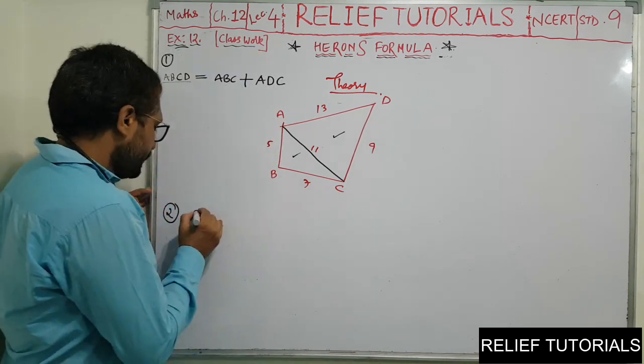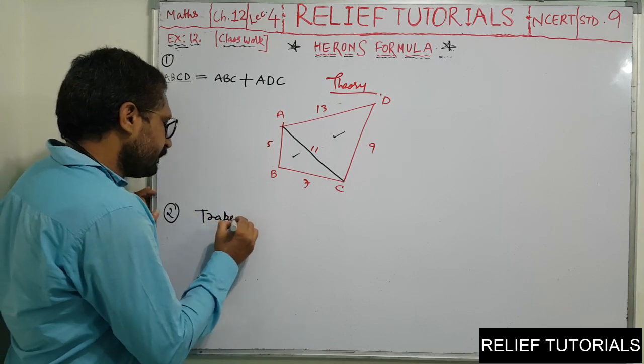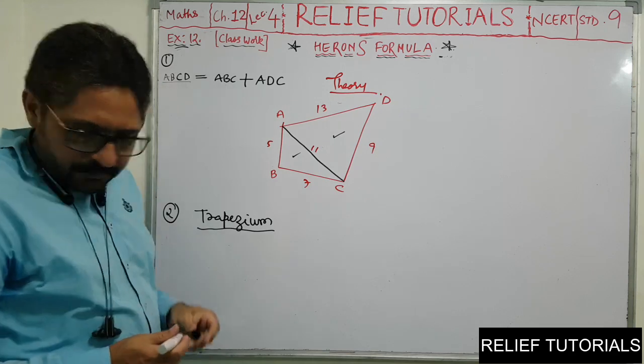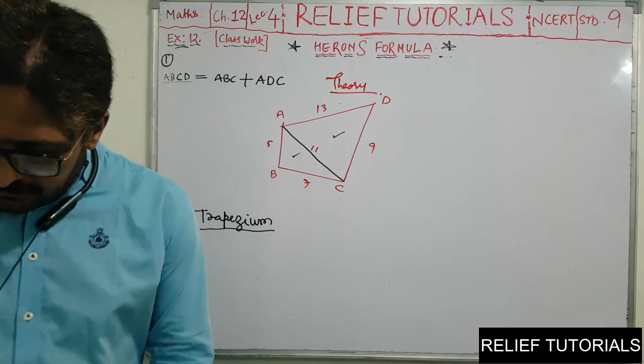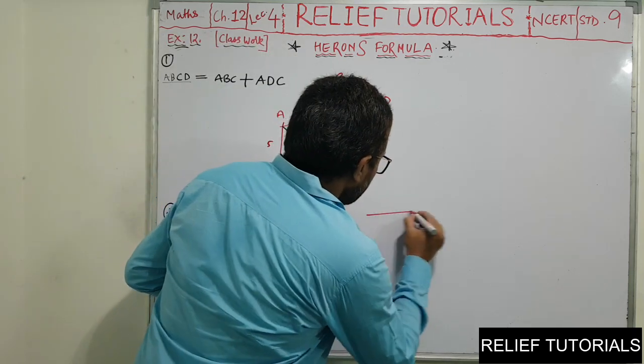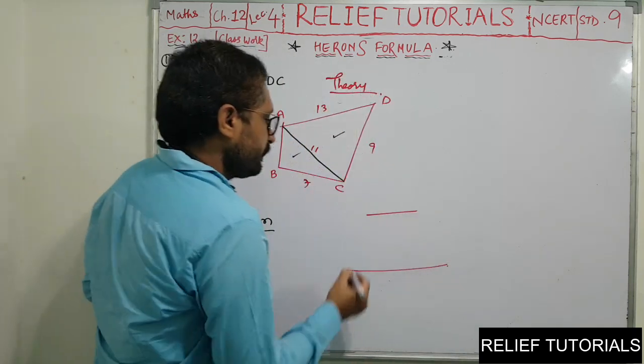Now one more thing we are going to learn, that is about trapezium. See, very important, trapezium. We'll discuss the properties of trapezium. See, you might have heard about trapezium. What is a trapezium? A trapezium is a quadrilateral.